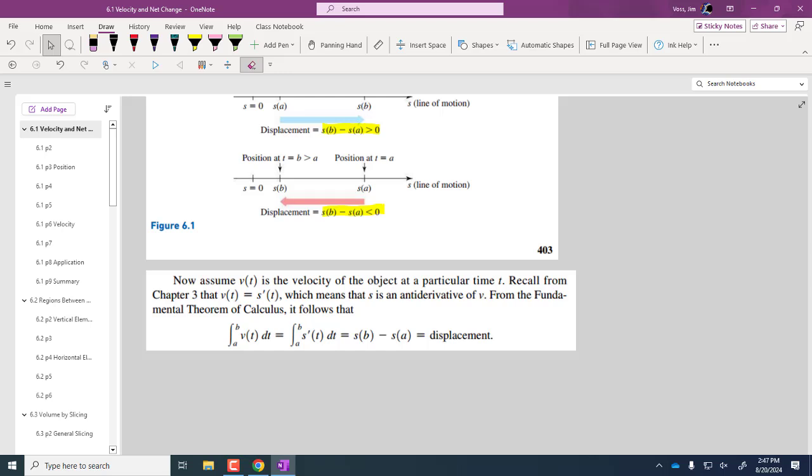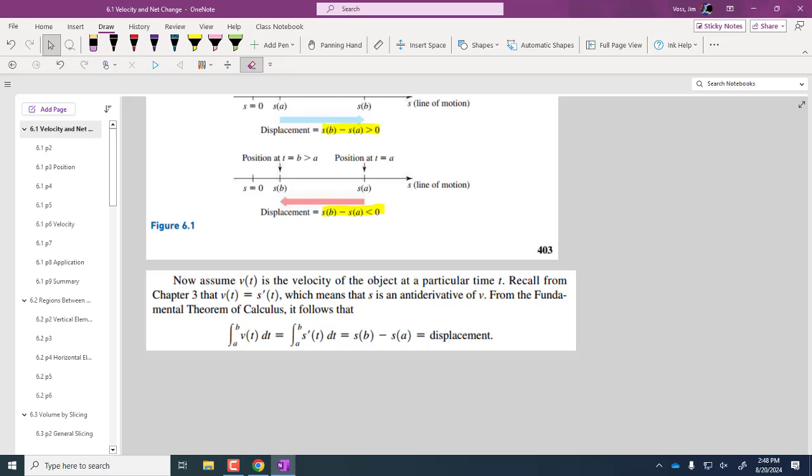Could be zero at times. And what we remember from Calc 1 is that the integral of velocity is the integral of S prime, because position's derivative is velocity. Right? Position's derivative is velocity. Velocity's derivative is acceleration.